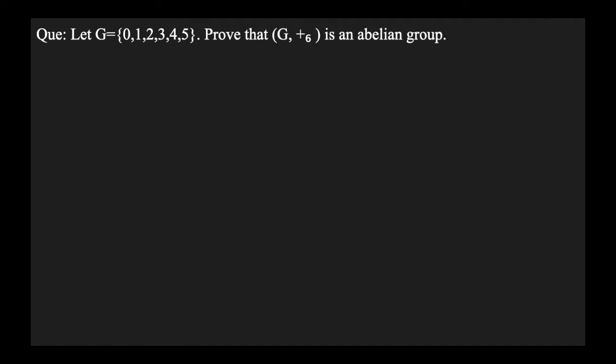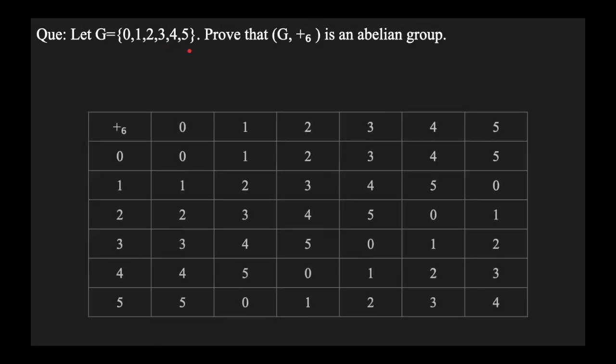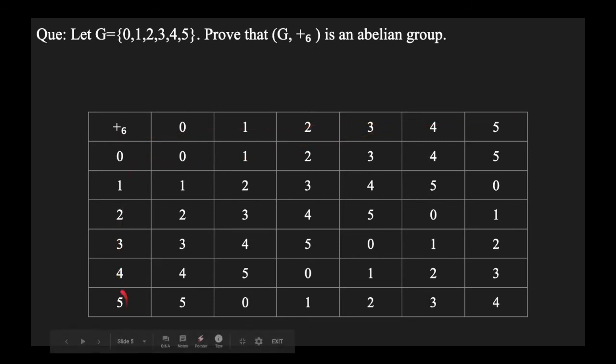So first, for all these 6 elements, we need to construct a composition table. So that would be like this. Here, plus 6, that means addition modulo 6, 0 to 5, 0 to 5. Now, this first row and first column will be the same as it is. Why? Because 0 plus 0, that is 0, and 0 divided by 6, the remainder is 0.